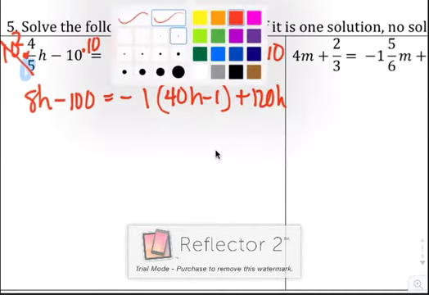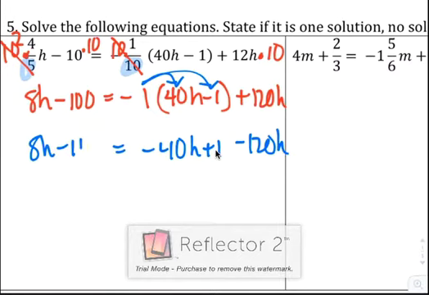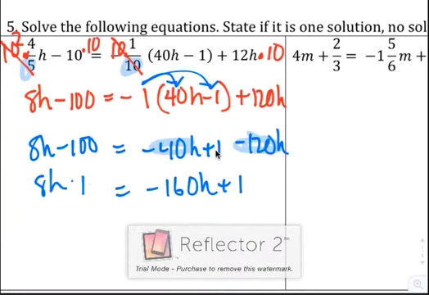Alrighty. Distribute, get negative 40h plus 1 equals, minus 120h, 8h minus 100 here. Okay, you combine these like terms. Right here, you get negative 160h plus 1 equals 8h minus 100.